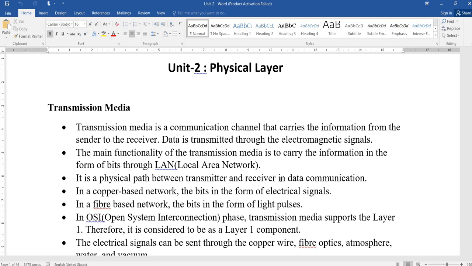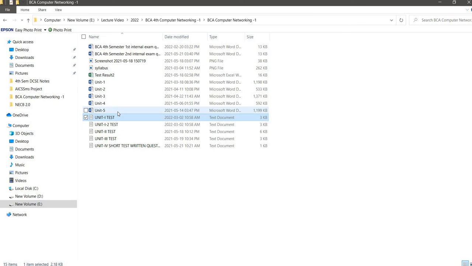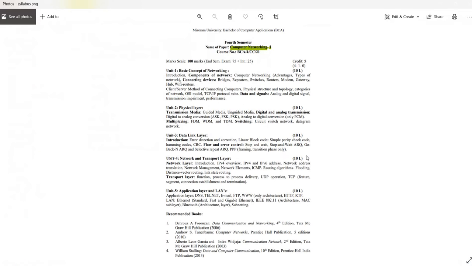In the last class we already learned about the OSI reference model and other topics also, TCP/IP, and the different types of signals and different types of connecting devices and all.